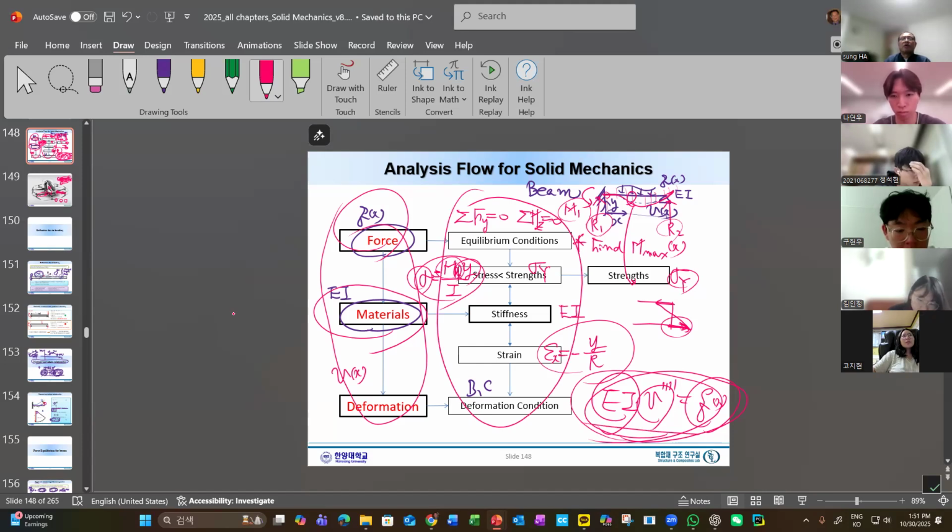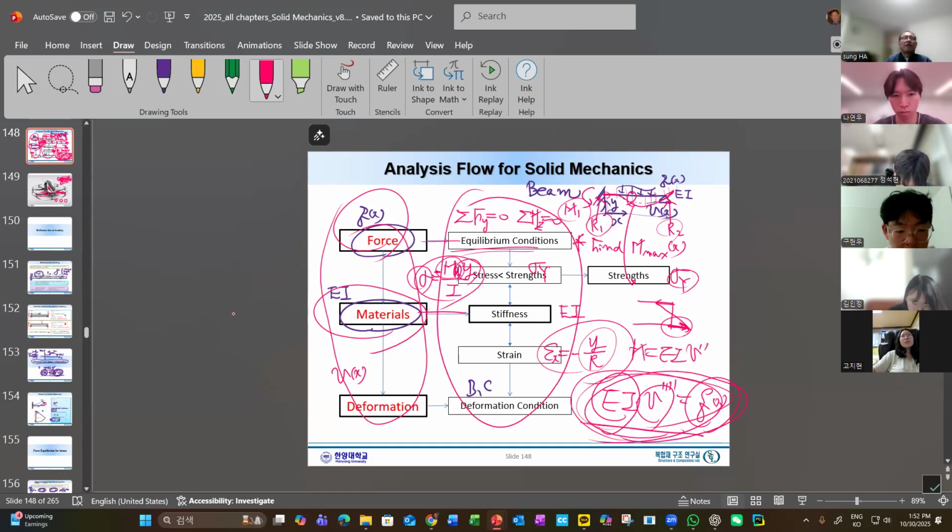So once we solve this one, we don't have to go through equilibrium and this every time. Why? Because this equation already has all the different equilibrium equations inside, and already has all the curvature. I would say, this is the moment equal EI V double prime.